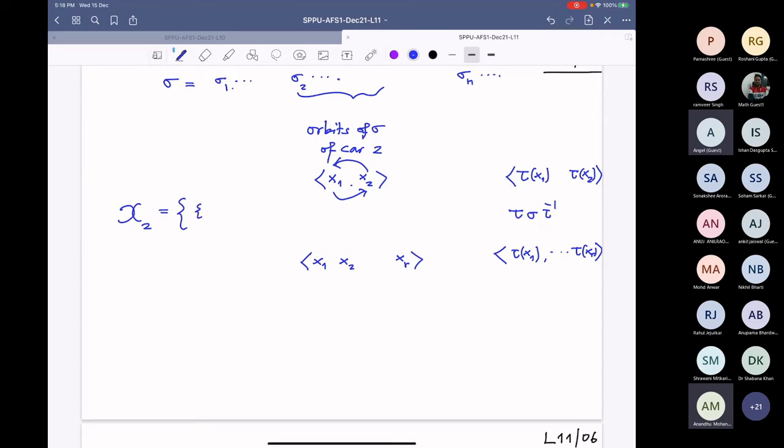This is one element, x1, x2. Let me write a little bit bigger cardinality so you will know. So suppose I write x3. So this is one orbit and that will give me which cycle? It will give me x1, x2, x3.